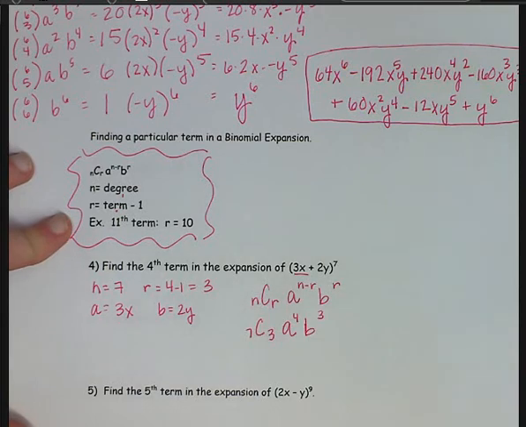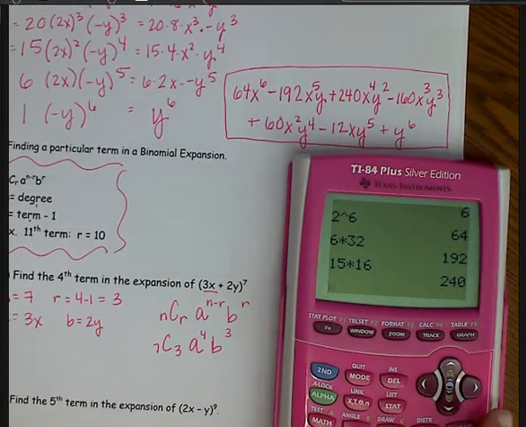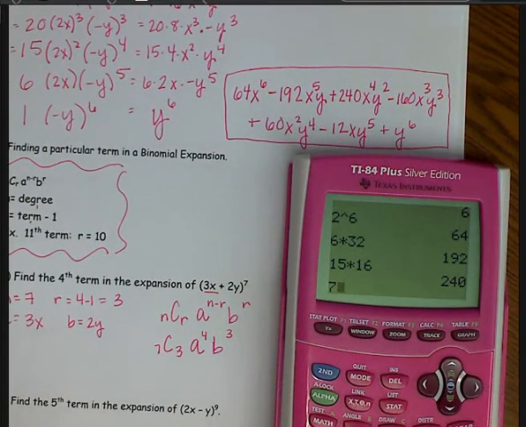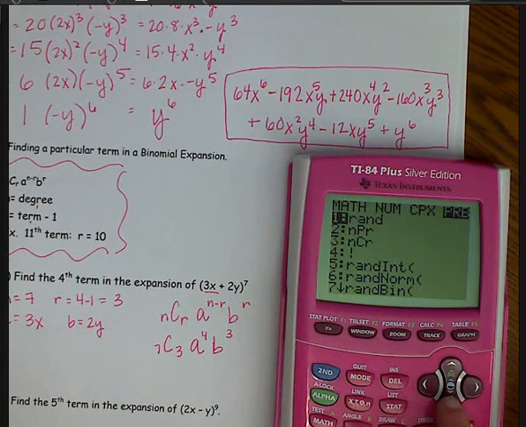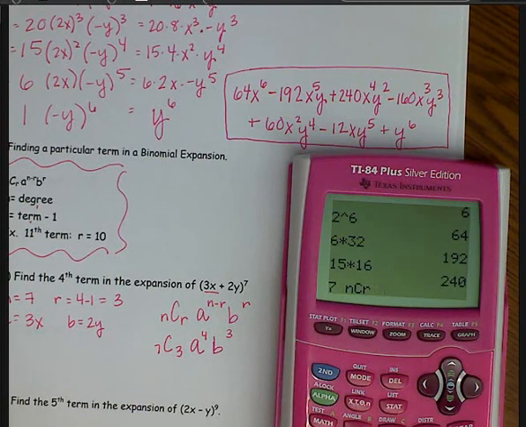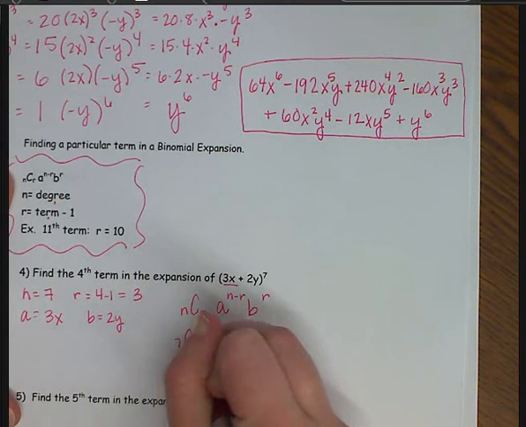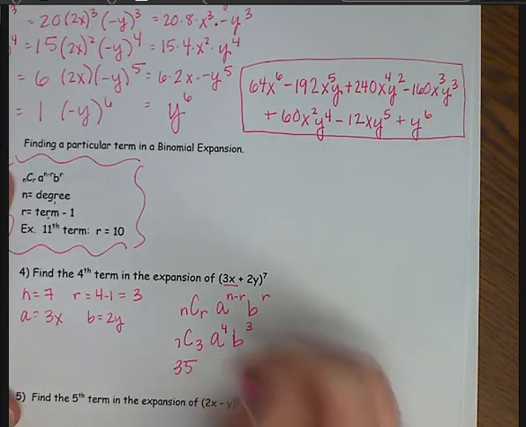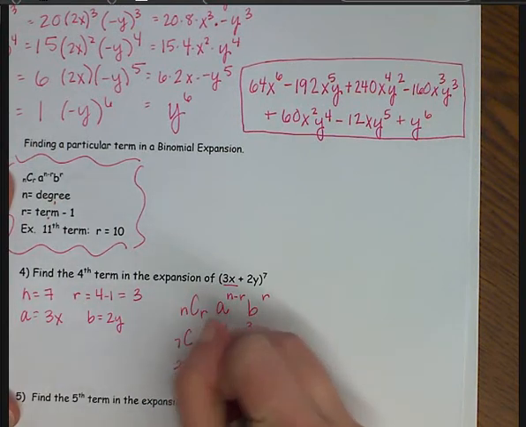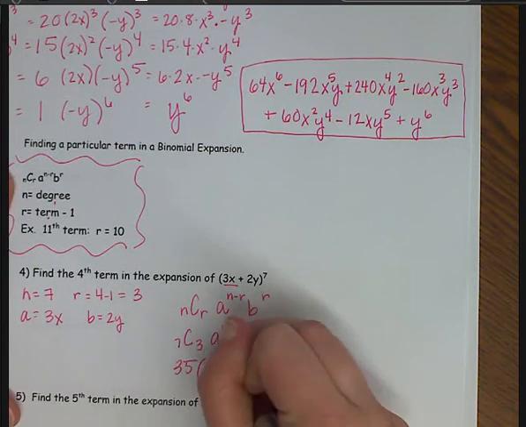So now I can plug in, just as a reminder, 7 choose 3. We're going to hit 7, go to math, probability, down to 3, and now type in 3. So I have 7 choose 3, enter. That gives me 35. For a, I'm going to plug into parentheses 3x, and that's to the 4th. And for b, I put in parentheses 2y, that's to the 3rd.